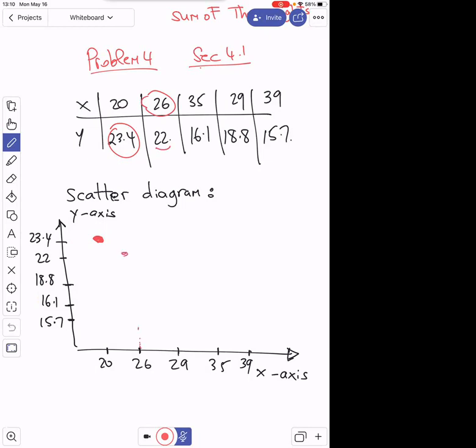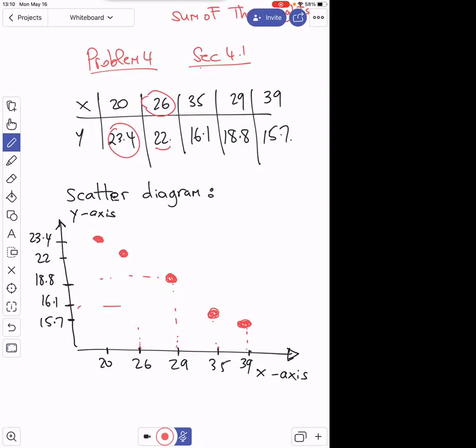Go up to 22, and that's your second point. x is 35, y is 16.1, so it will be this point. 29, it's right here, corresponding y is 18.8, so we get this point. And the last point, x is 39, corresponding y is 15.7, so it's probably right here. So we got these 5 points, right?